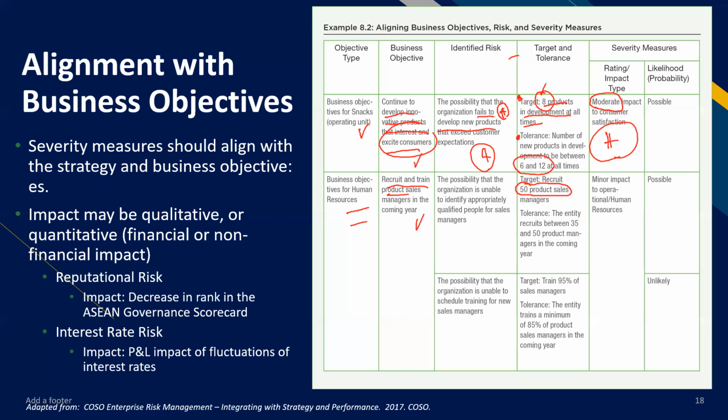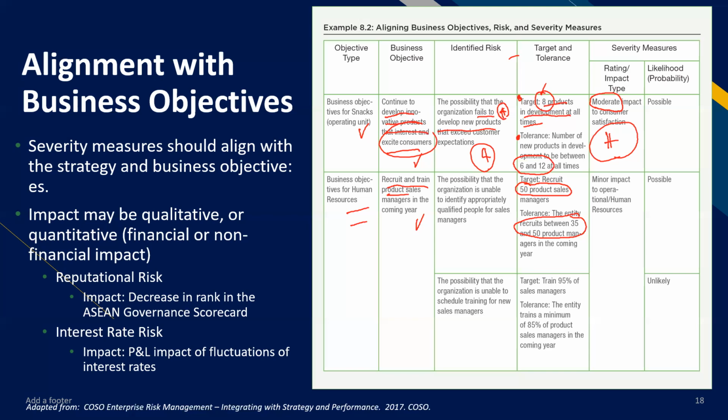So, ibig sabihin, pwedeng pag 40 or 45, baka minor lang ang impact. Okay? Pag 35, medium ang impact or moderate. Pag less than 35, severe. Okay? So, the tolerance more or less defines the impact type. Okay?